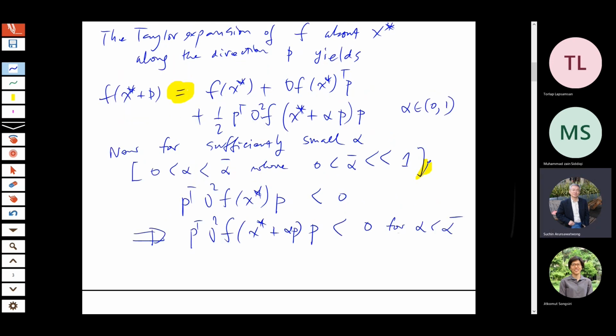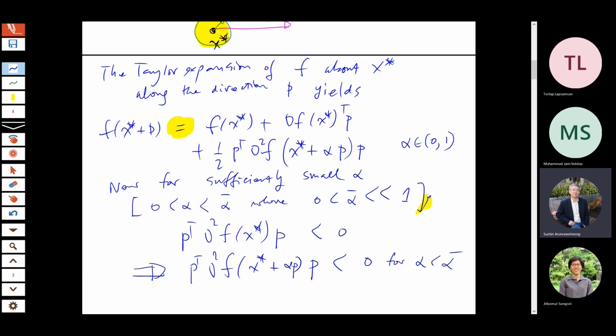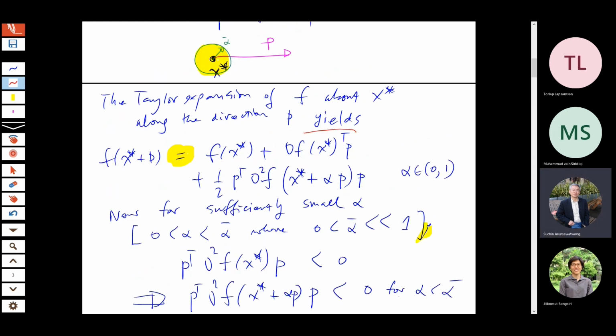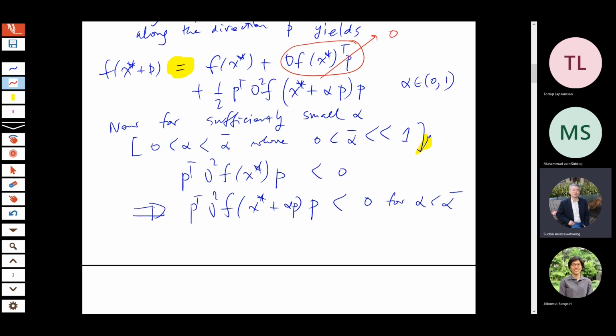Now we go back to the Taylor's expansion. This term is 0, right? Because x star is a local minimizer, so the gradient at that point is a 0 vector. Then we conclude that this term is negative.